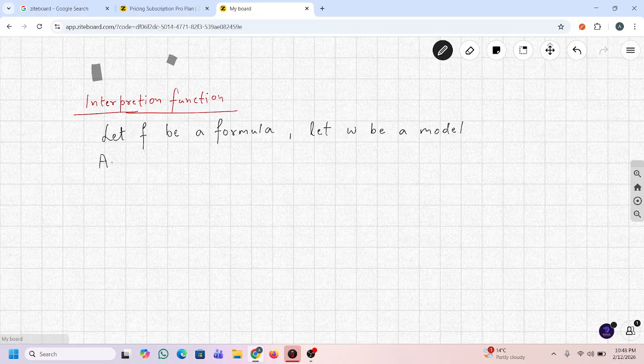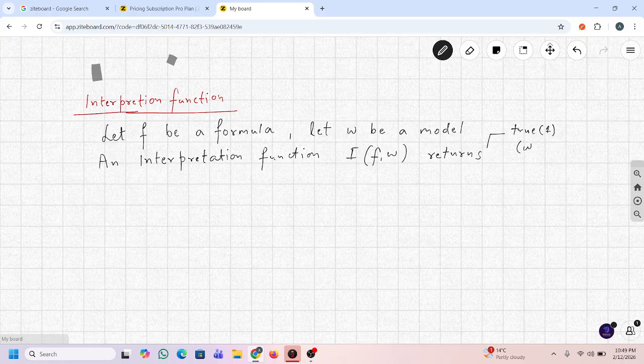Then an interpretation function I of f comma w returns true or 1. When will it return true? When w satisfies f.